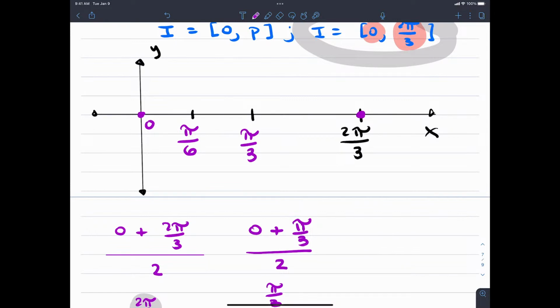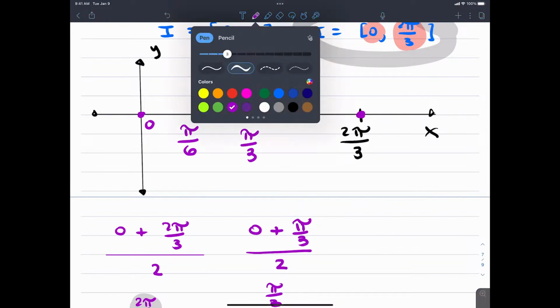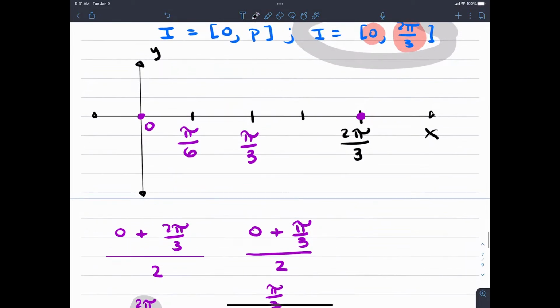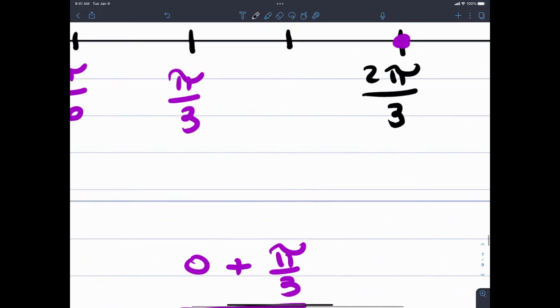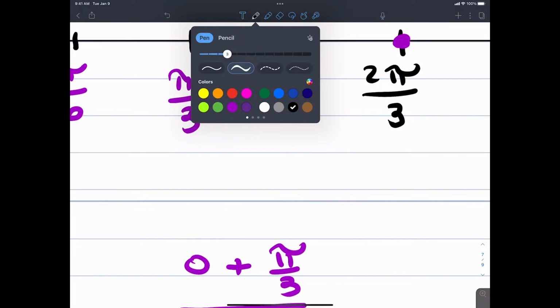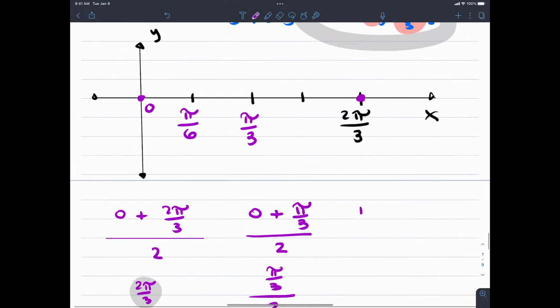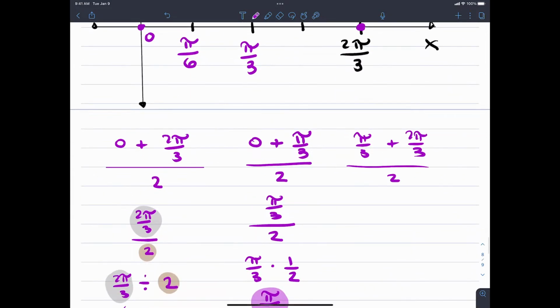Now, let me ask you guys this question over here. What's this midpoint now? Midpoint between what two numbers? Pi over 3 and 2 pi over 3. So what would you do to find that midpoint? You do some arithmetic. So you say pi over 3 plus 2 pi over 3 divided by 2. What does this give you? What's your numerator? Pi over 3 plus 2 pi over 3.